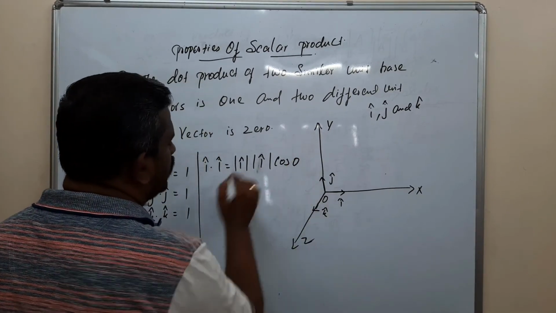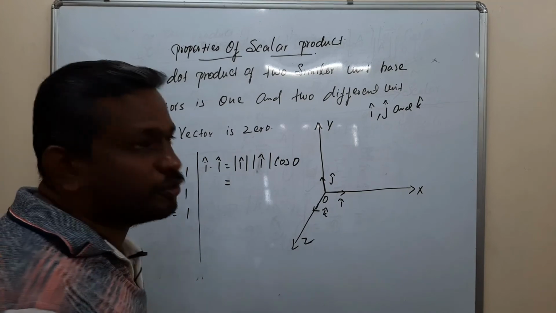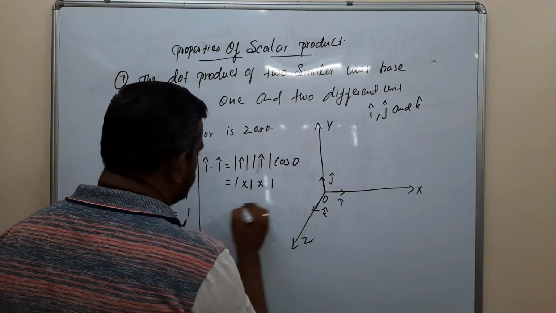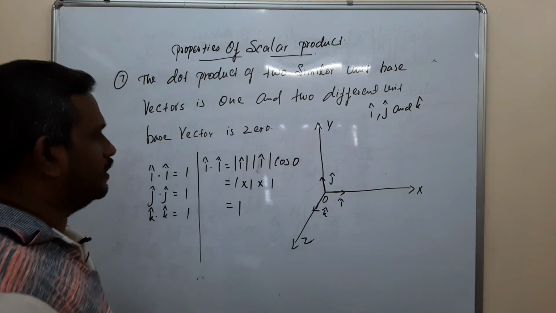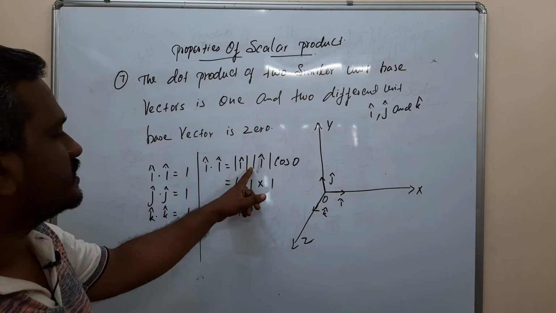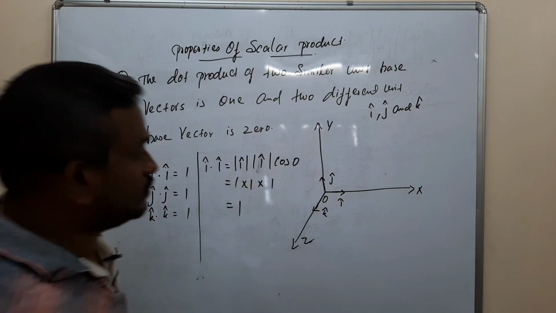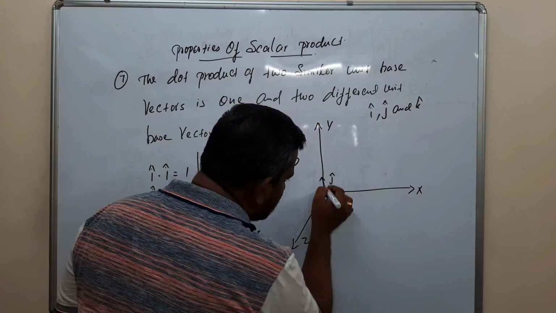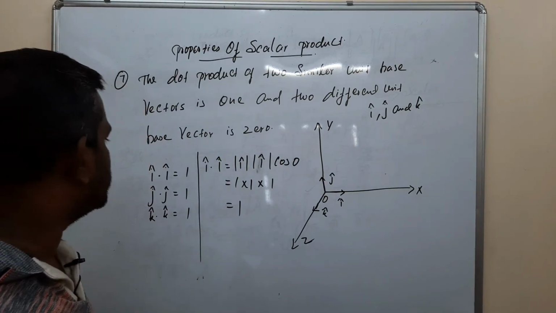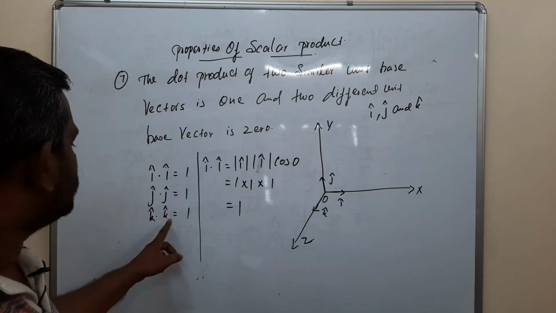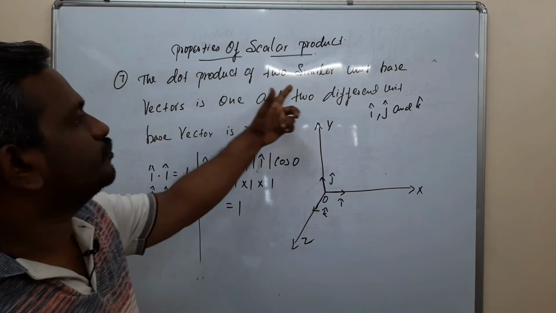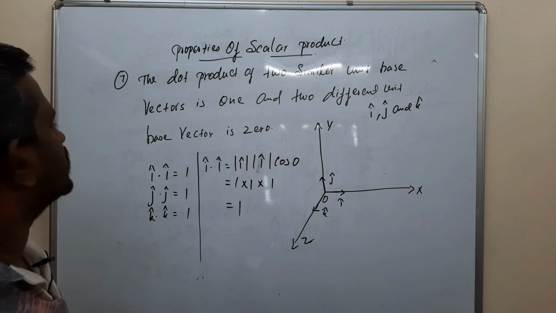The modulus of i cap is 1, since it is a unit vector, so 1 into cos 0 is 1, and we get 1. Similarly, j cap dot j cap is modulus of j into modulus of j into cos 0. The angle between j and j is 0, so cos 0 is again 1, and we get 1. And k cap dot k cap is equal to 1. So the dot product of two similar unit base vectors is 1.